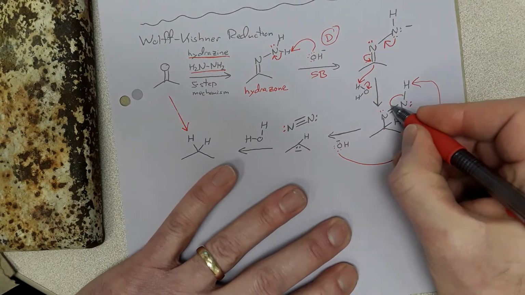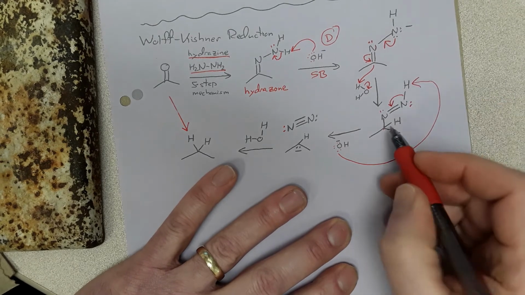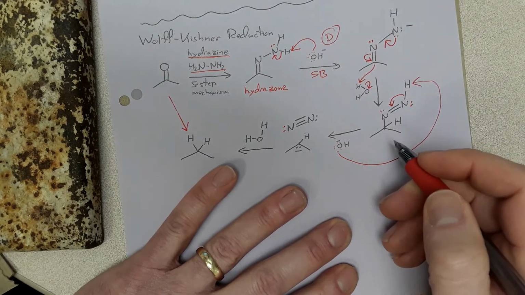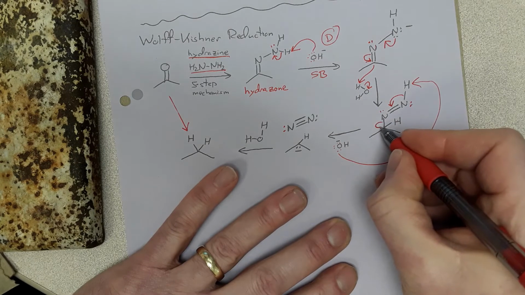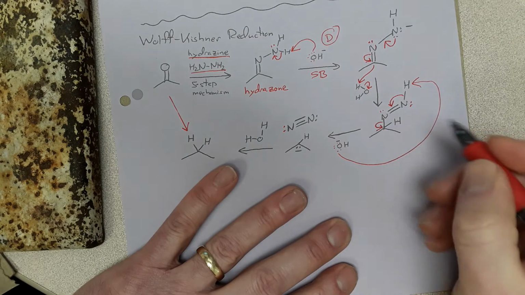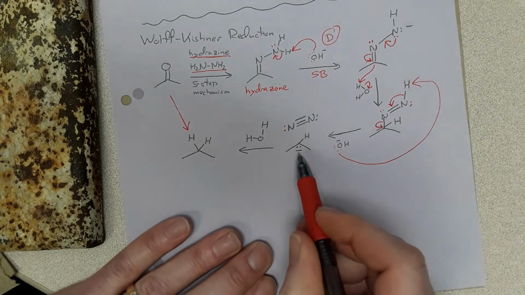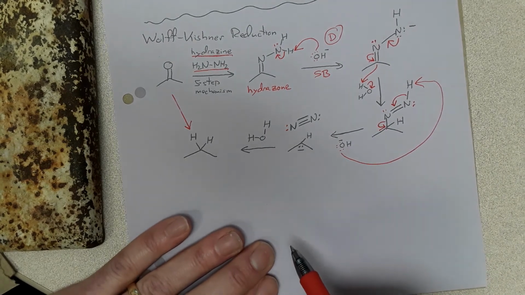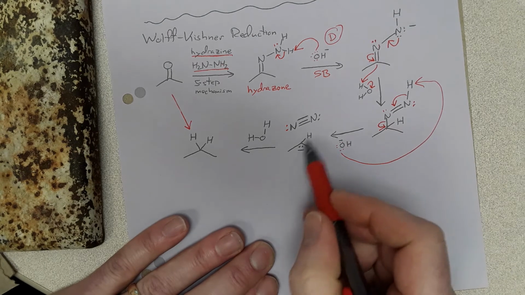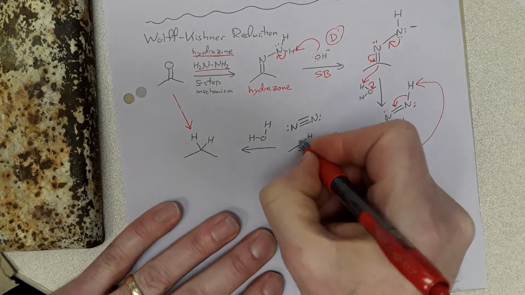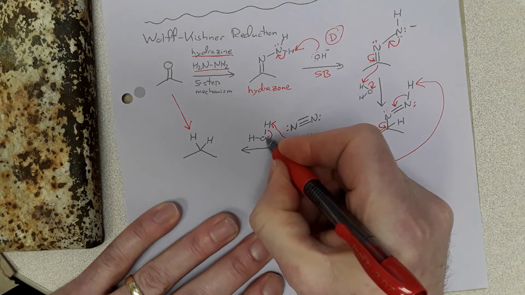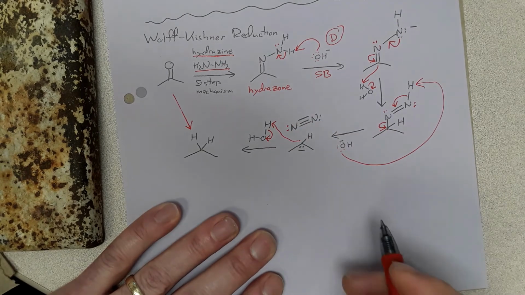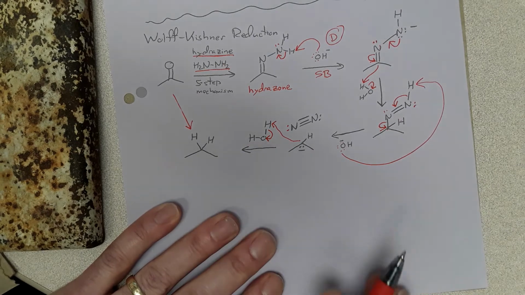The electrons can dump in here, which would make too many electrons around nitrogen, and the electrons then would be kicked out and end up having a lone pair or a carbanion on the carbon there. And it's already got one hydrogen on it, and as we did before, we can pull off a hydrogen off of water, regenerating the hydroxide, giving the final product.